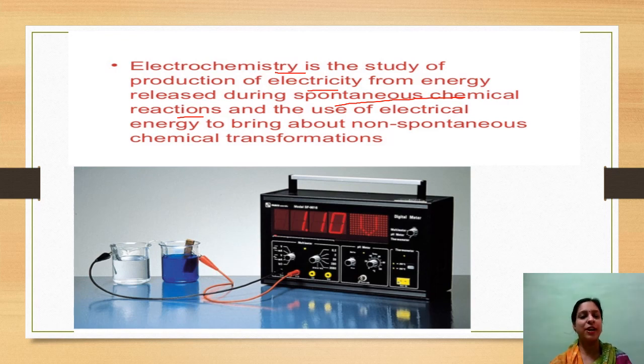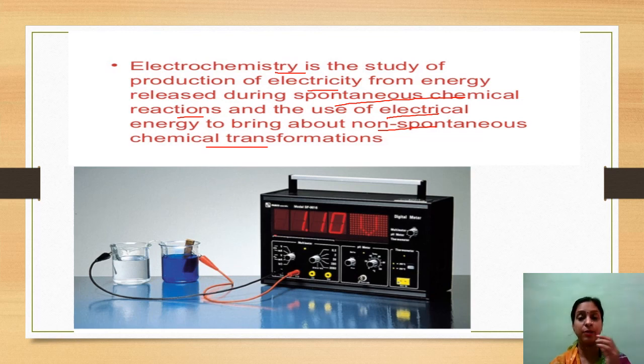Connect it and you will keep getting electric current. This is acting as a cell. This chemical energy is converted into electrical energy, and it also brings about non-spontaneous chemical transformations.